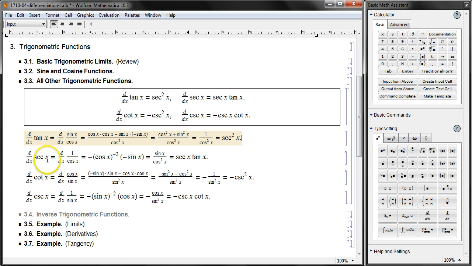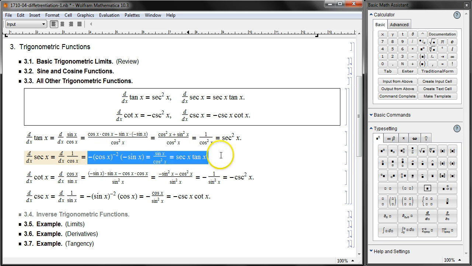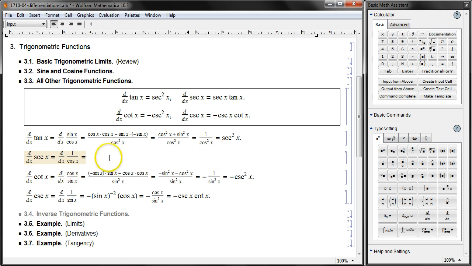How about the next one? Derivative of secant, which is the derivative of 1 over cosine of x. And oh, here I used the chain rule to calculate this derivative. It works, but I didn't teach you the chain rule just yet, so I'd better use the quotient rule here. So let me redo this.